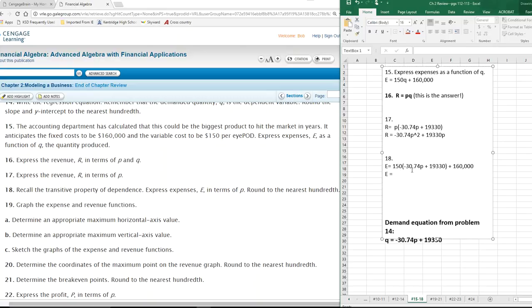We take 150 times 30.74, we come up with 4611 P, plus 150 times 19,330, pretty big number here, plus our 160,000.